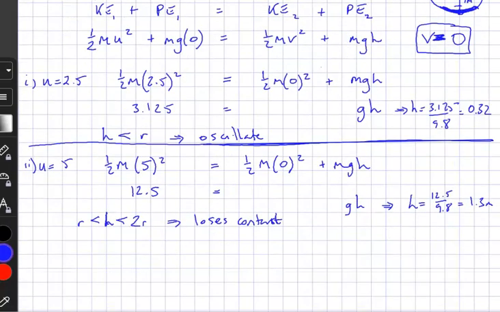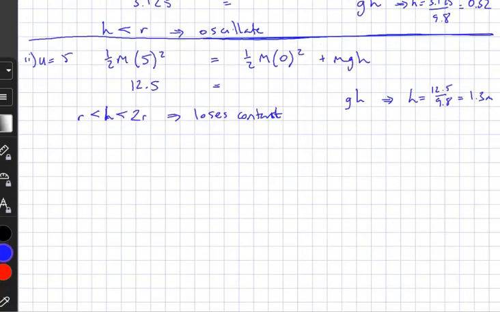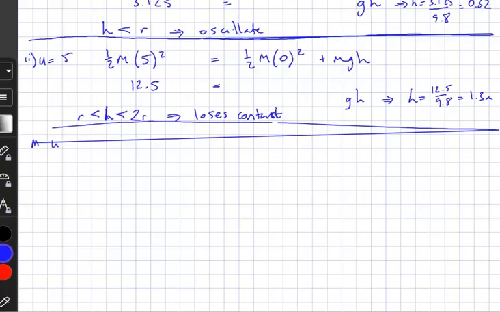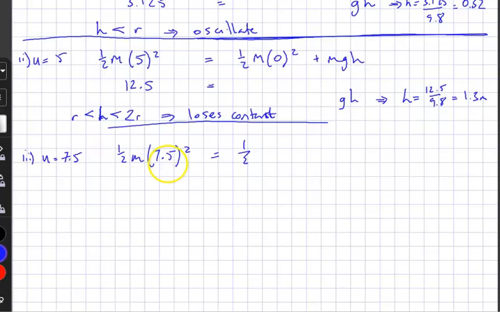And so the last scenario, 7.5. If we're looking at how high it gets with 7.5, using exactly the same process, a half of 7.5 squared ends up being 28.125, which is equal to gh.